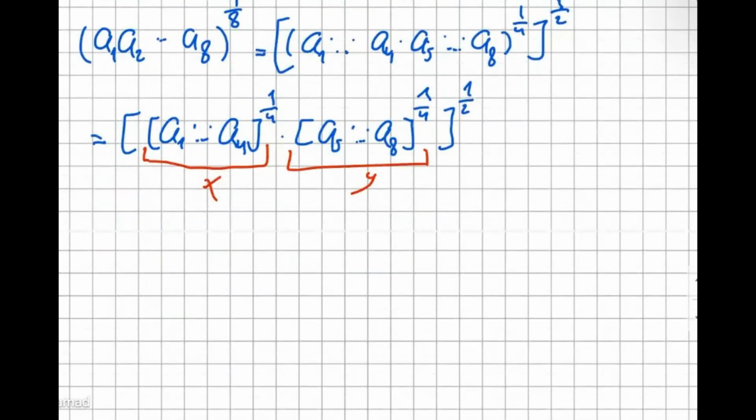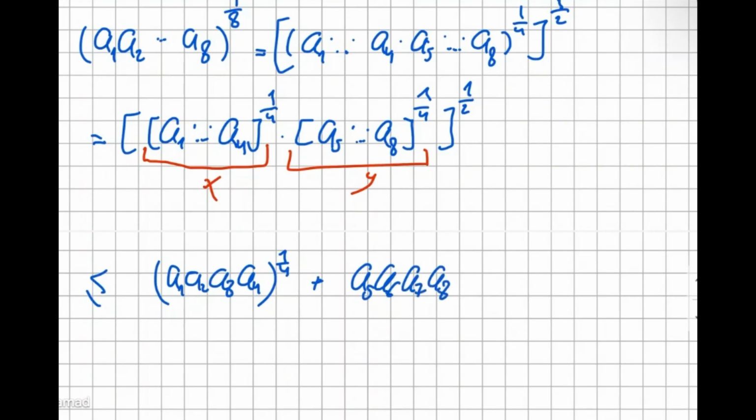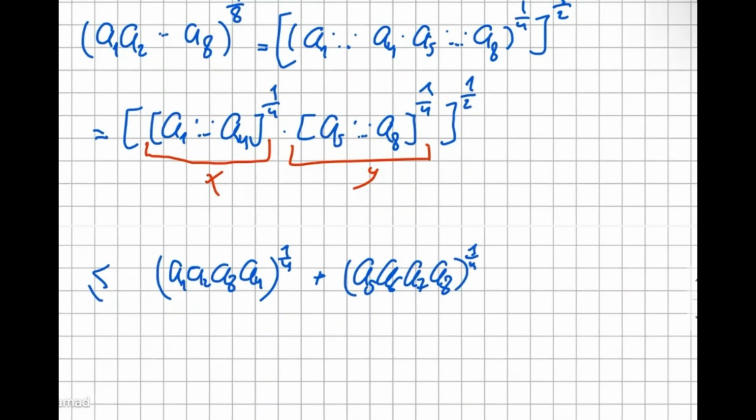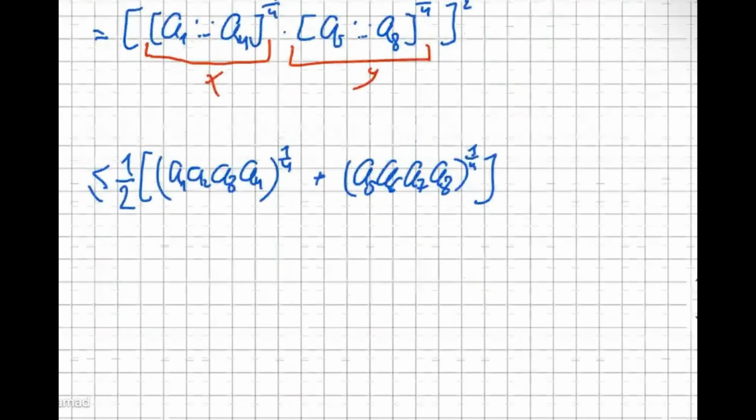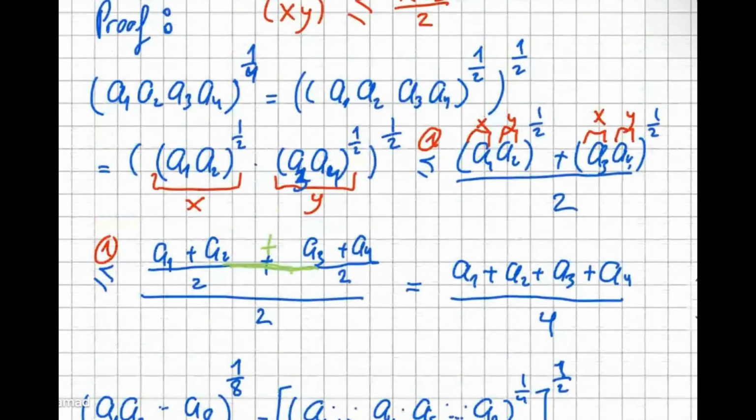Then we apply the AM-GM inequality on that, and we say that's just a1 times a2 times a3 times a4 to the power of 1 over 4, because that's just the entire number x, plus the y, which is a5, a6, a7, a8 to the power of 1 over 4, and all of this divided by 2.